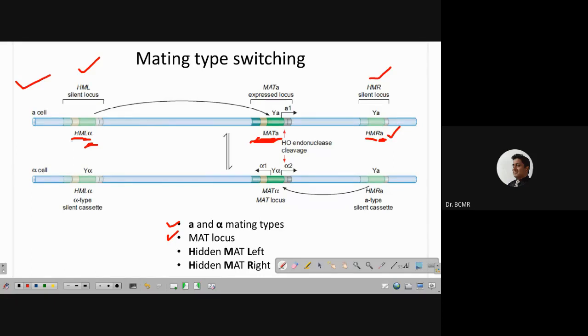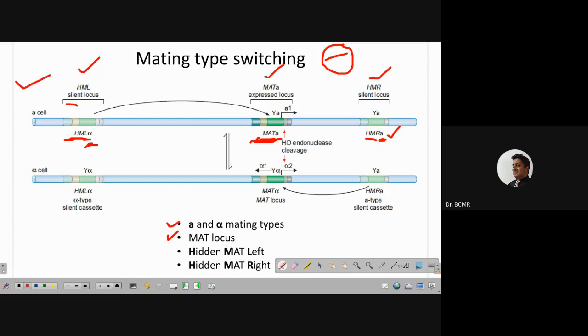But as the name suggests, they are hidden, in the sense that they are not expressed, they're silent. You can also see it here. It is called the silent locus. Locus means it's a region. That is what is said in here. In genetics, you just use locus, or loci for plural. So if there is a cell like the yeast, it has genes for both alpha as well as A, but only one of them is expressed, and that expressed locus is called the MAT locus.